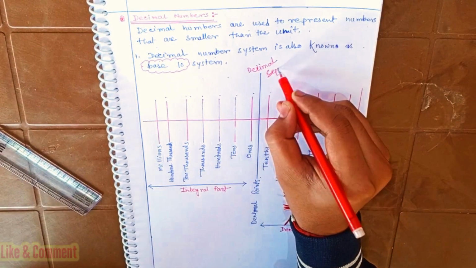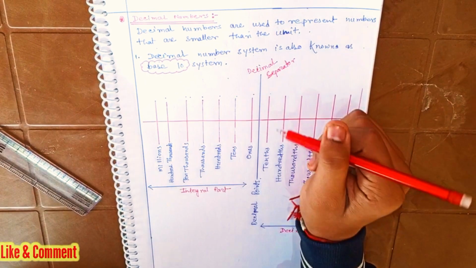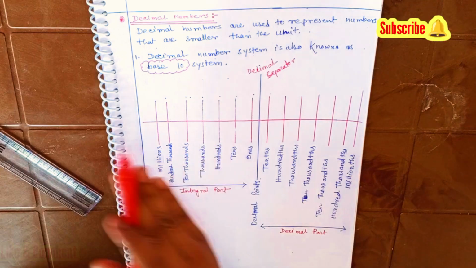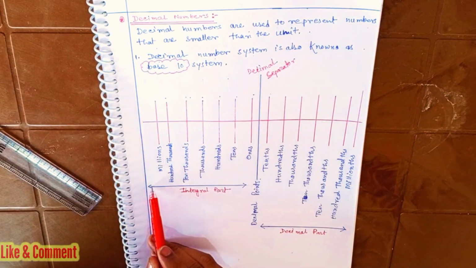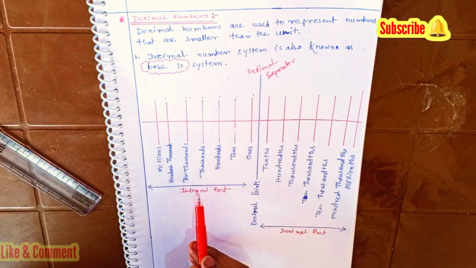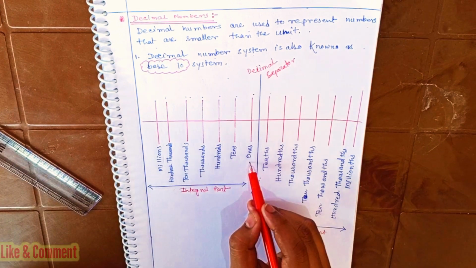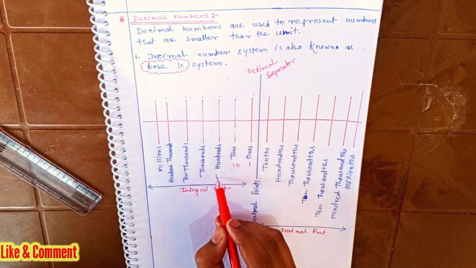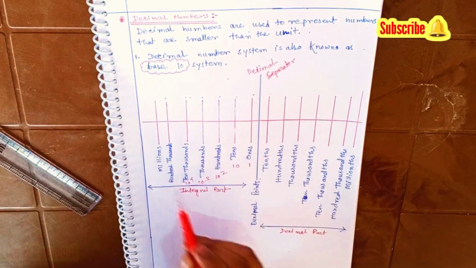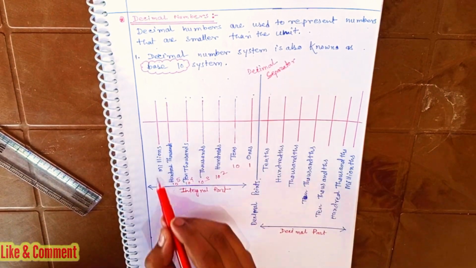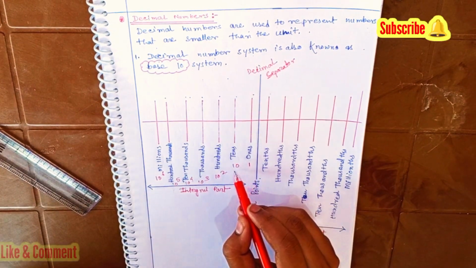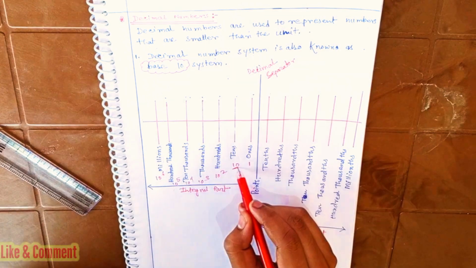For before the decimal separator, these parts are called the integral part. The integral part starts from 1, 10, 100, 1000, 10,000, 100,000, millions. All of you can see here, this is base 10.